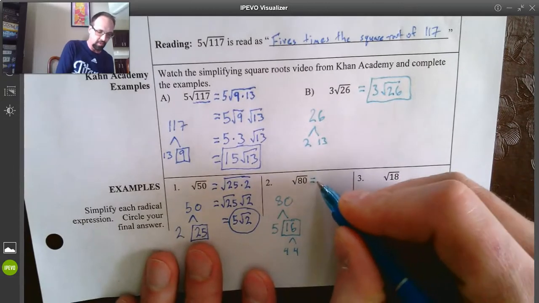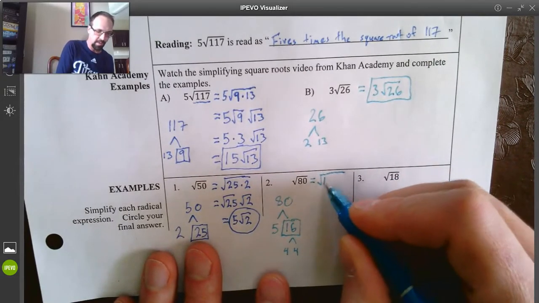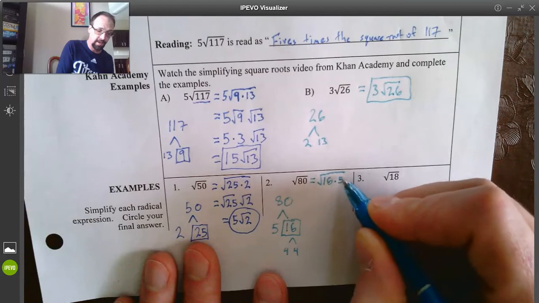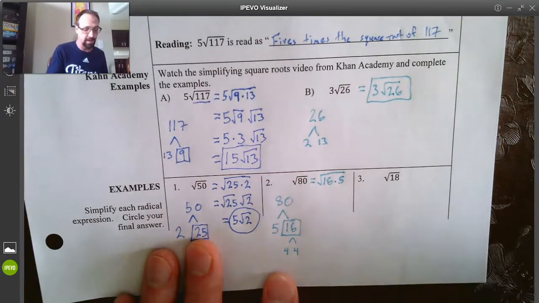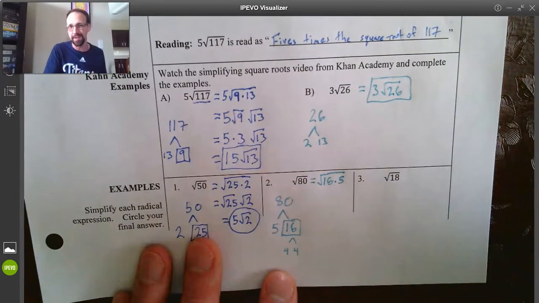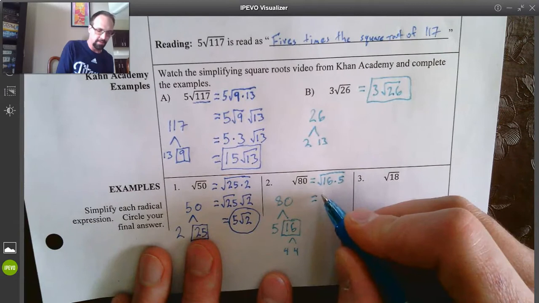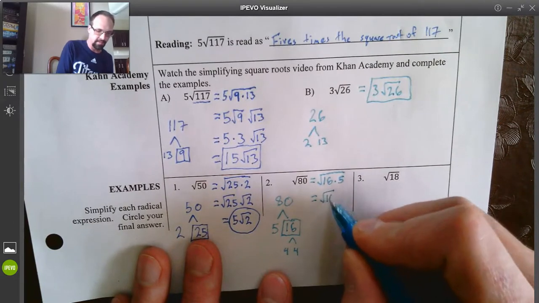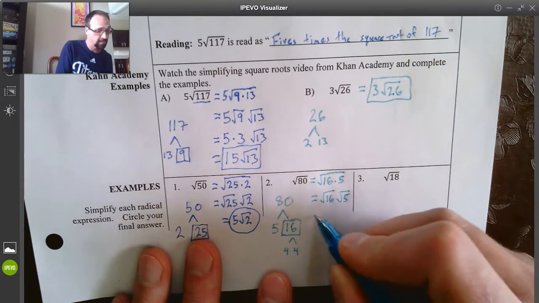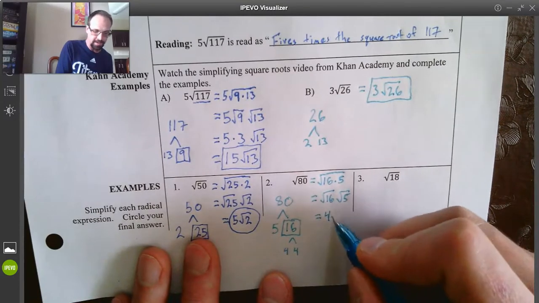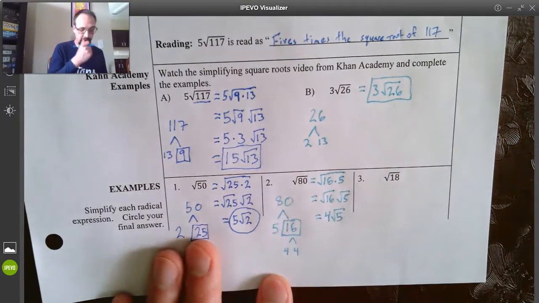This way is actually shorter than the ways you probably learned in a previous class. And this does work all the time because we're doing square roots. If we were looking for a different root, like a cube root, then we need to look at perfect cubes instead. So the square root of 16 times the square root of 5. The square root of 16 is 4. So the square root of 80 is really 4 times the square root of 5.